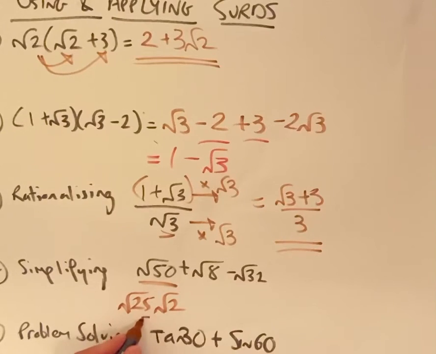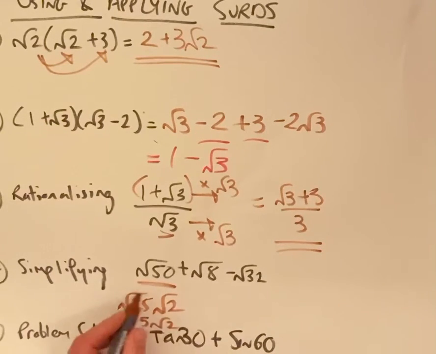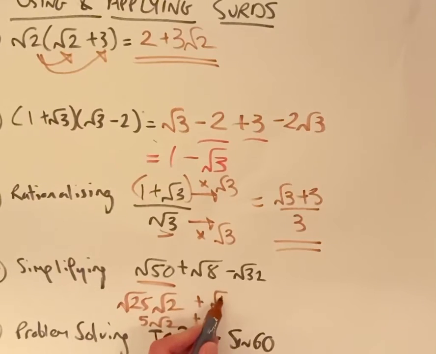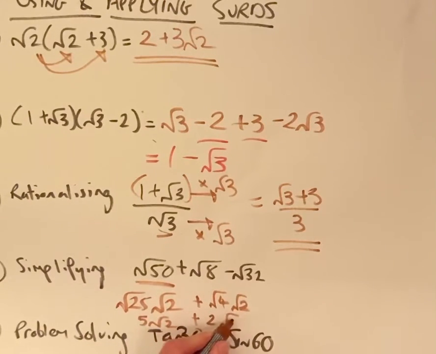Now underneath that, I'm just going to write that as 5 root 2, because the square root of 25 is 5. The next term then is root 8. And again, the highest square factor of root 8 is root 4. And root 4 times root 2 would give us root 8. So again, underneath that, I'm going to write that as 2 root 2, because that's what root 8 would simplify to.